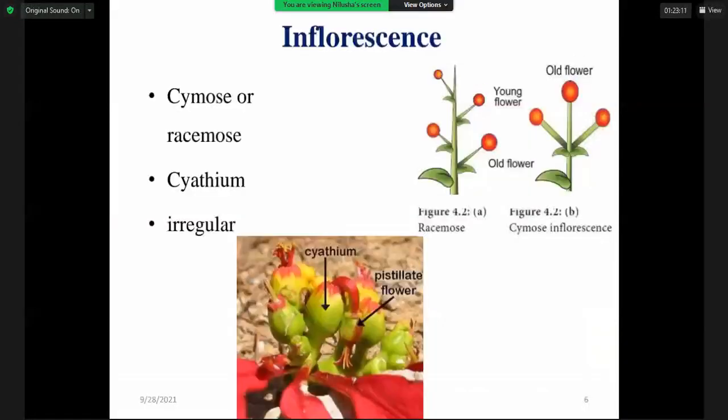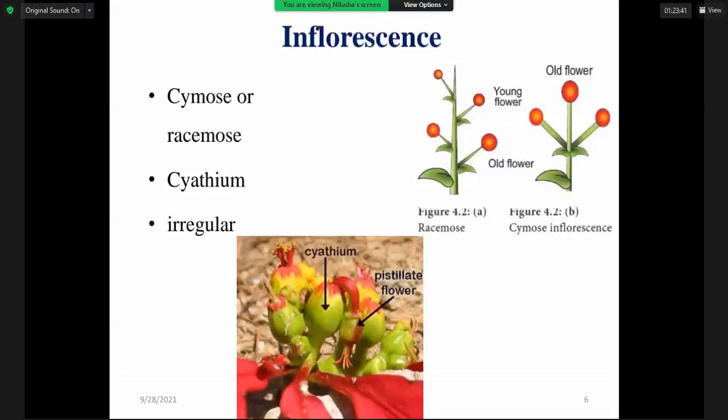Now we are going to see the inflorescence of the Euphorbiaceae family. The inflorescence may be cymose or racemose. Cymose means the central flower opens first, and later flowers are borne on branches below the central flower.